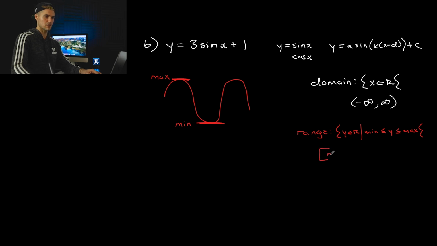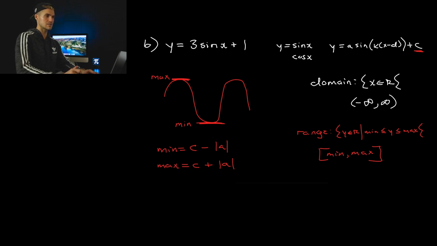Okay, so from here, min to max, like that, right? So the way we could get the min and the max, the min is always going to be the c value, which represents the equation of the axis, minus the absolute value of a, because sometimes this a can be negative. In this case, it's positive, but in case it's negative, we just want to subtract the absolute value of a, or the amplitude, if you remember the terminology. And then to get the max, it's just going to be the c value plus the amplitude, like that, right?